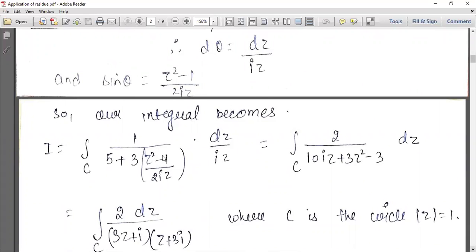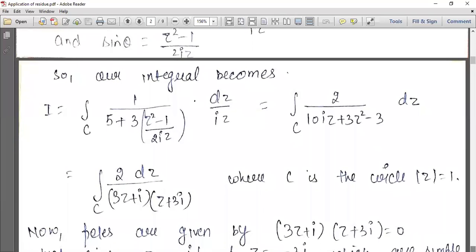So now just take LCM. So this will be 10iz plus 3z square minus 3, and iz will cancel here. So I will be left with 2 only in the denominator, which will go above. So my integral will become integral over C of 2 divided by 3z square plus 10iz minus 3 dz.